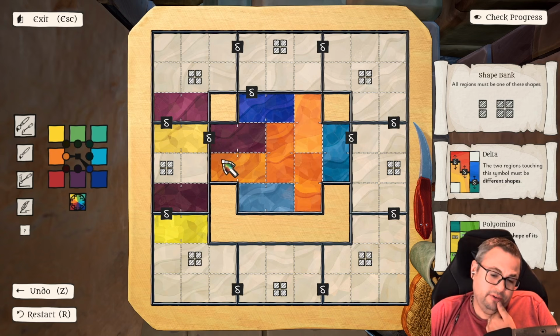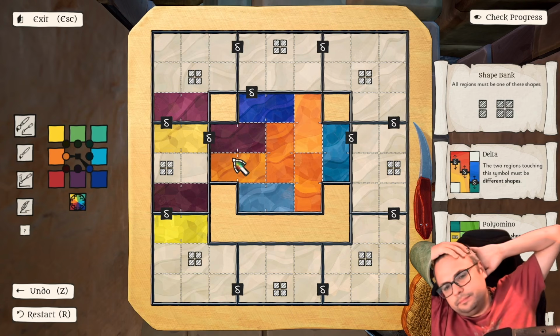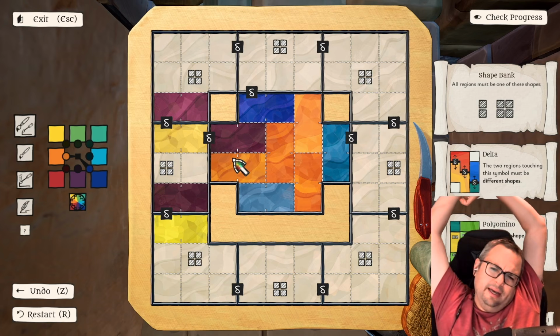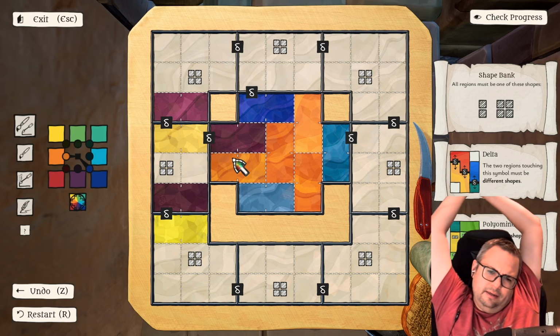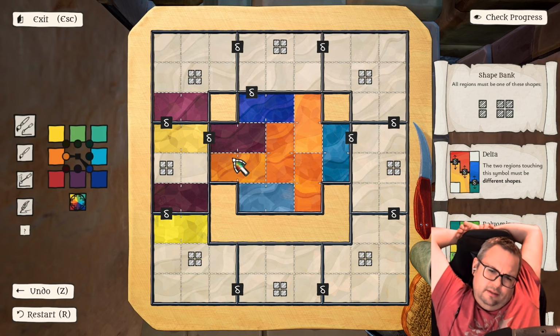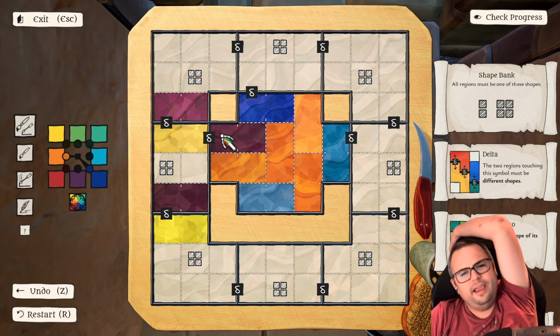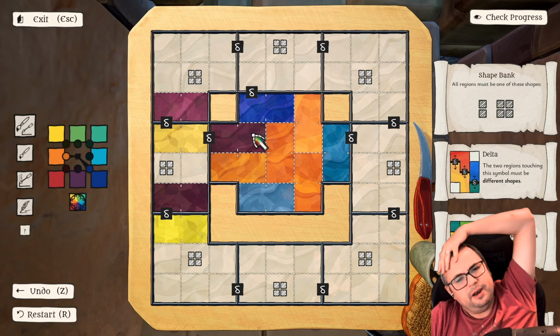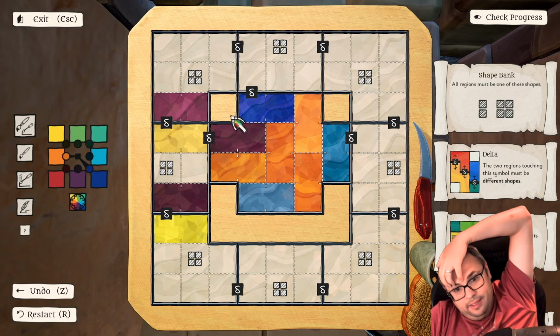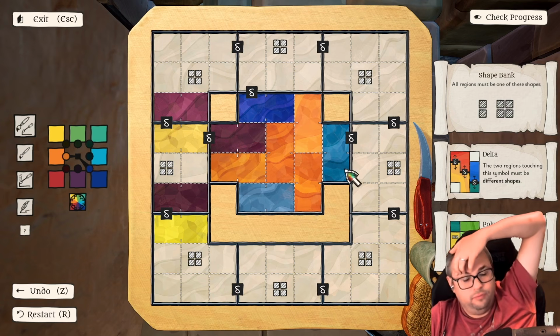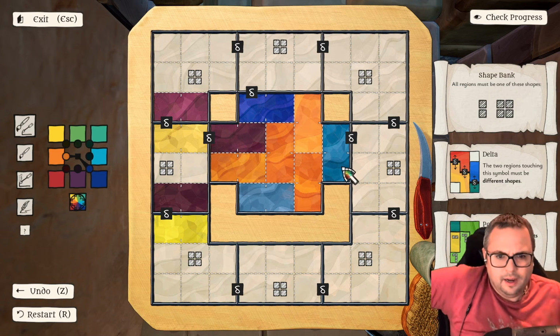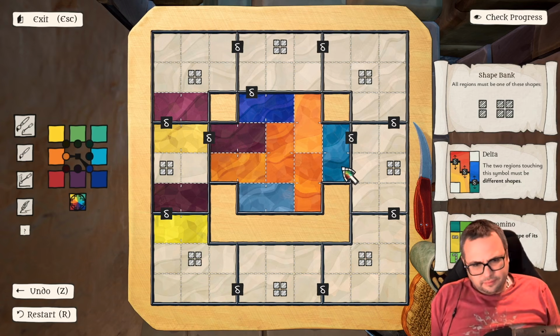So if I do this, oh, wow, that's weird, I think. So funnily enough, if this is a horizontal domino or a square, the entire rest of the grid is forced.